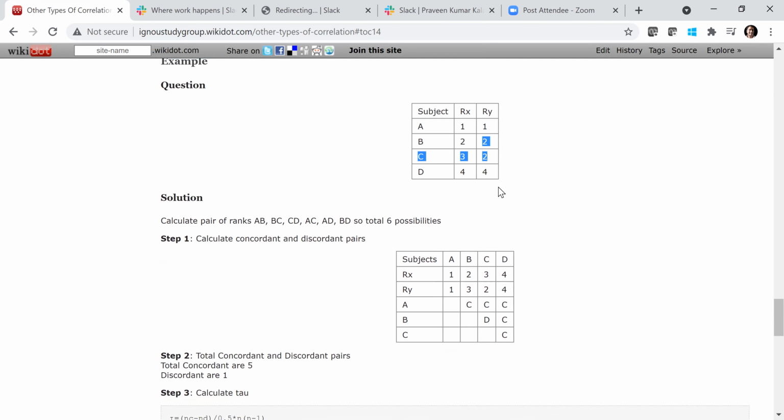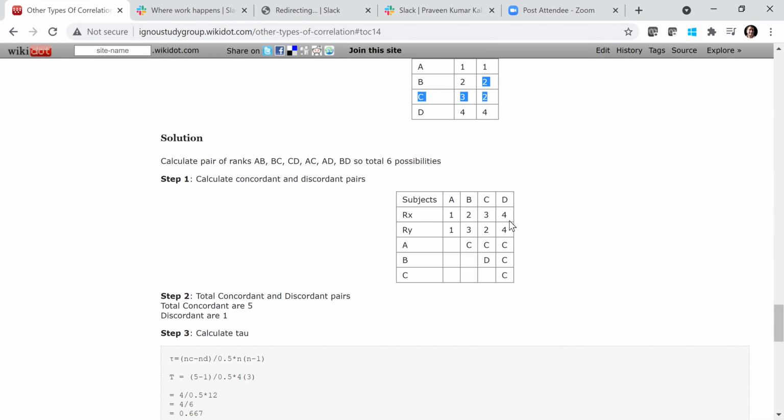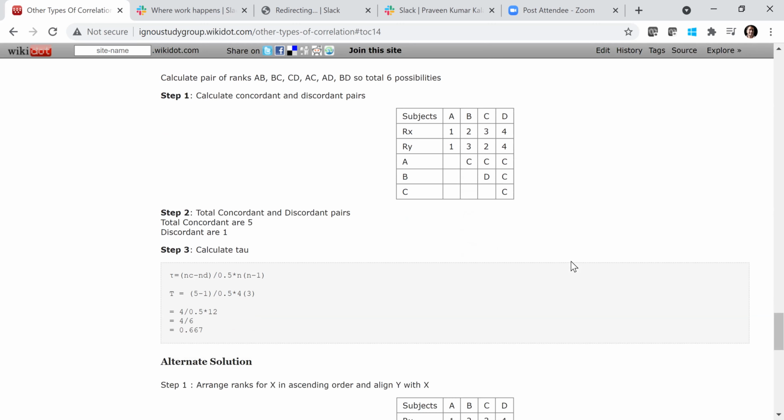Here it would not matter, because the moment you calculate concordant and discordant, you are not really calculating the difference of ranks. If you compare with Spearman, it would not matter whether you keep student B before or student C before. So in case you are arranging the students and you are thinking whether I should keep B before or C before because both have the same rank, it doesn't matter. You can keep any one of those students. You will get the same final result. Yeah, got it. Thank you, Praveen.